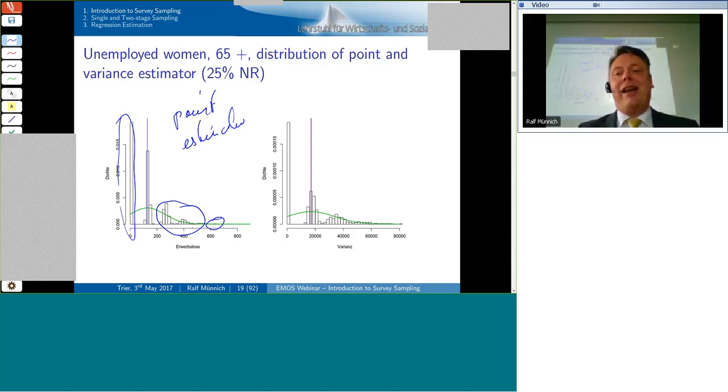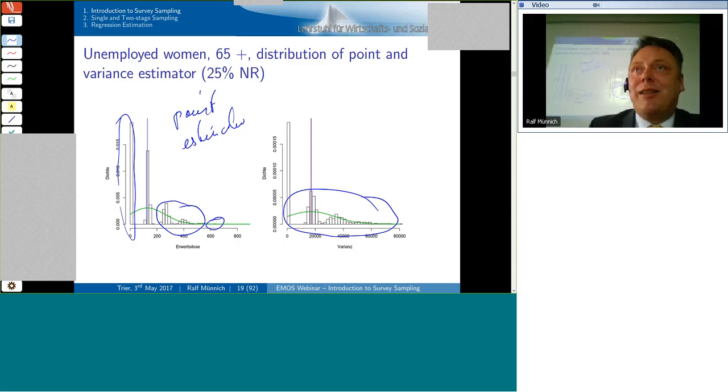So really amazing. Further amazing is that the variance estimator looks better than the point estimator, but that's a nice side result. Nevertheless, you saw that the coverage rates failed entirely.